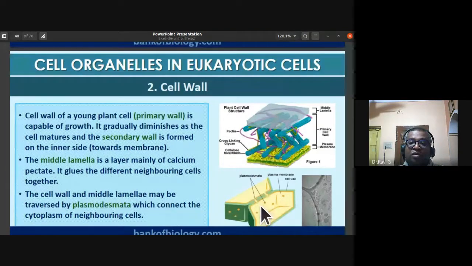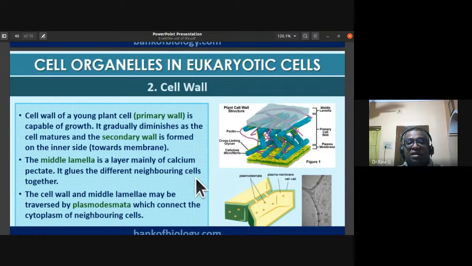They cross the cell wall and the middle lamella, and that helps in the cytoplasmic connection between the neighboring cells.